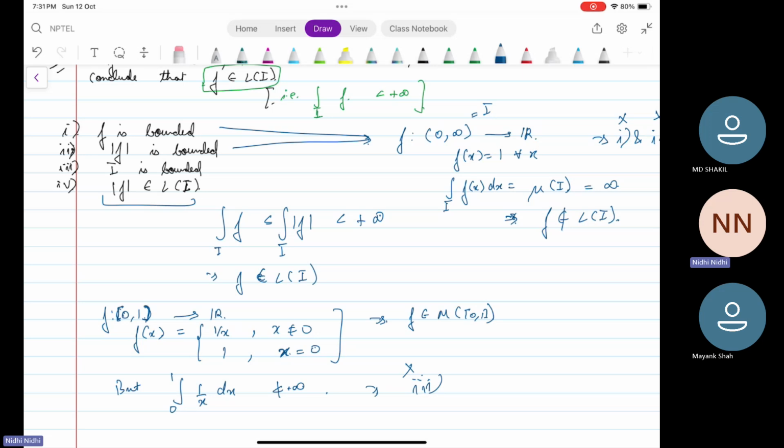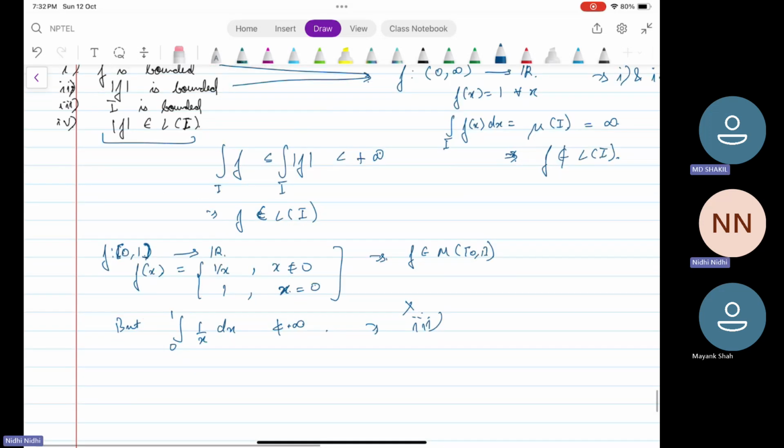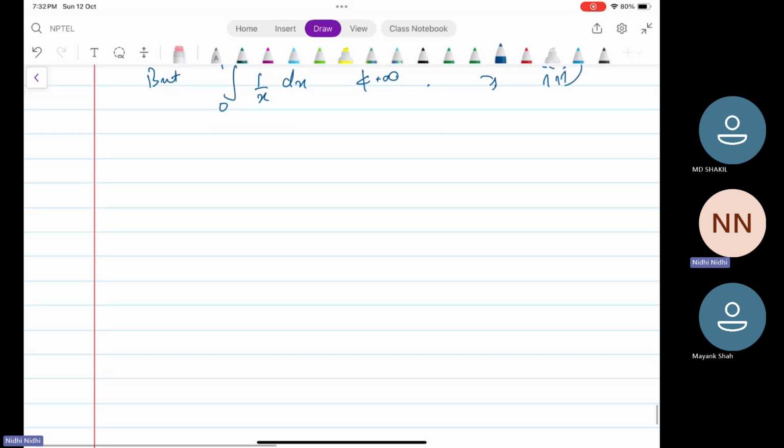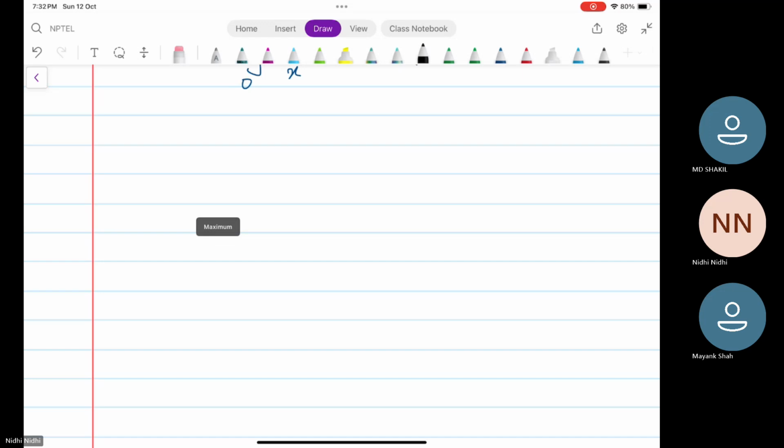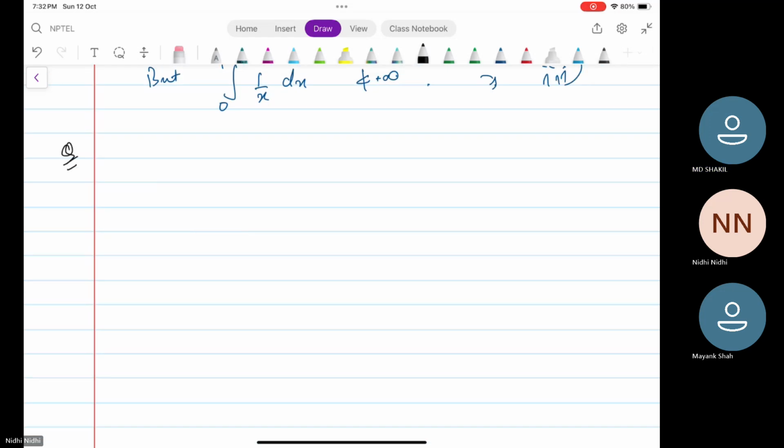Next question is, which of the following sets are measurable? See, the first option is clearly nonsense. It is already given that it is a set of measure 0. So the second is also. By measure you have just done the Lebesgue measure, right? Yes, no other measure.